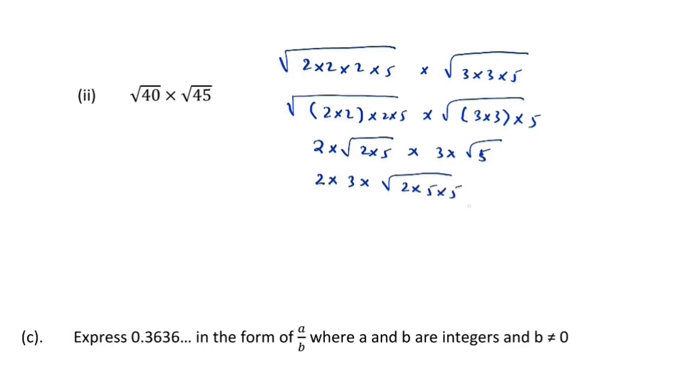The root of 5 times 5 equals 5, so we are going to have 2 times 3 times 5 times under root 2. After solving these values, we are going to have 30 under root 2, and this is going to be our final answer.